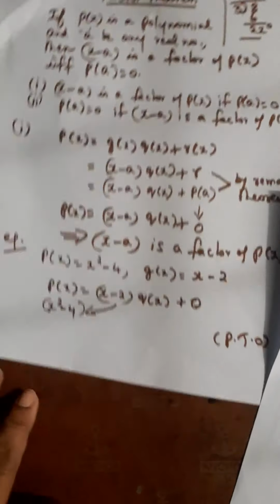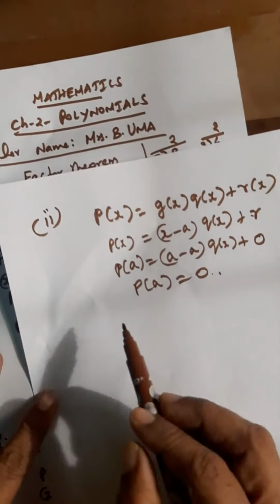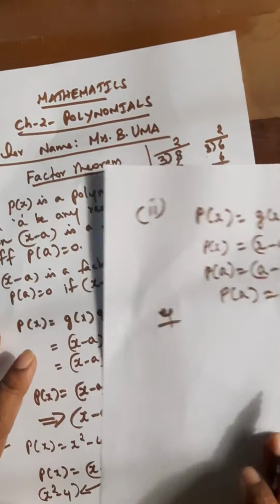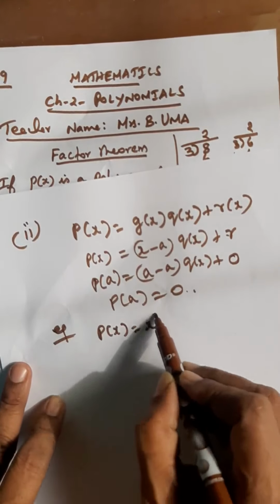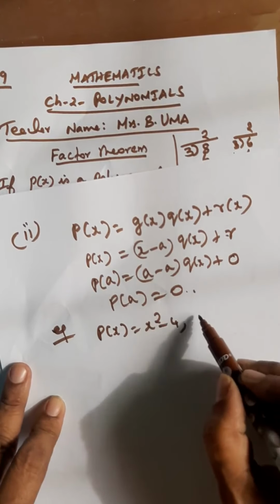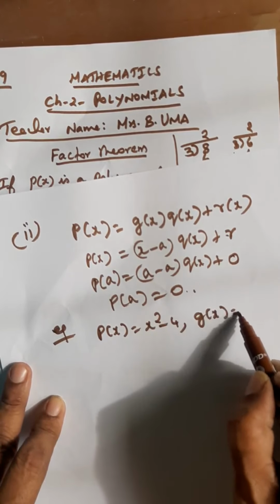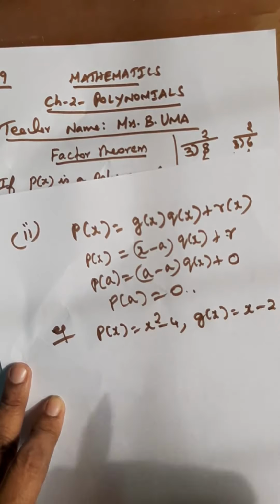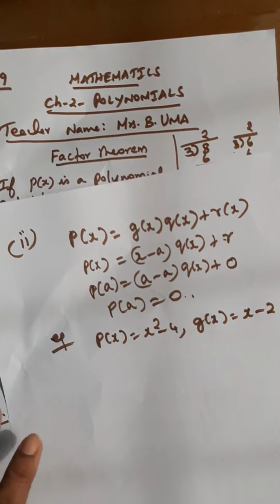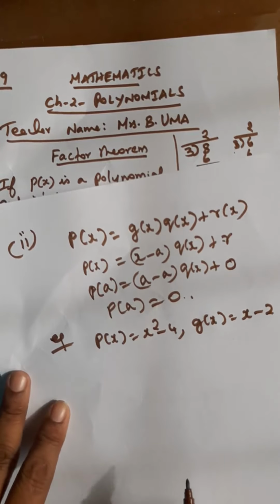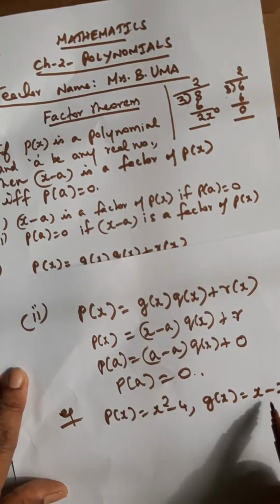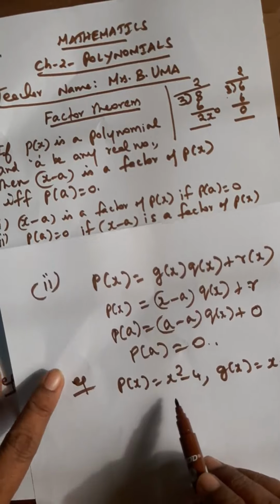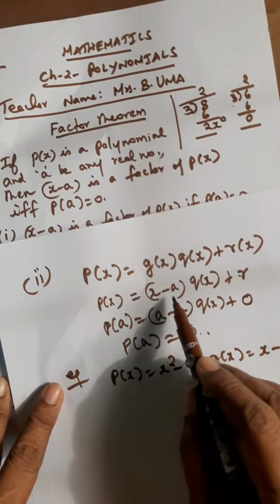Like part 1, let me give an example for this. Second part, same example I take. P of x is x squared minus 4, g of x is x minus 2, a linear polynomial. Now here, in the second part, it is given that it's a factor. x minus 2 is a factor of P of x. So let me substitute here.